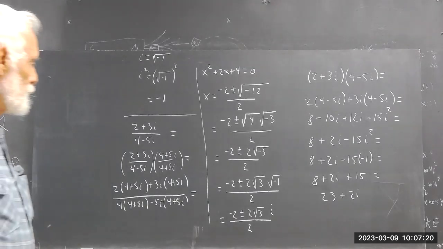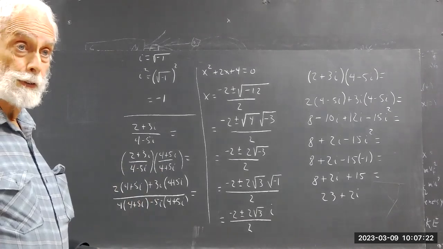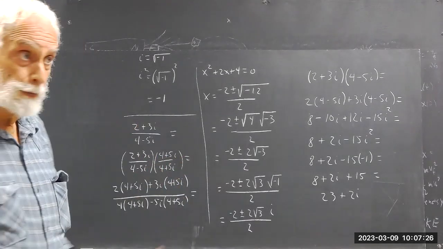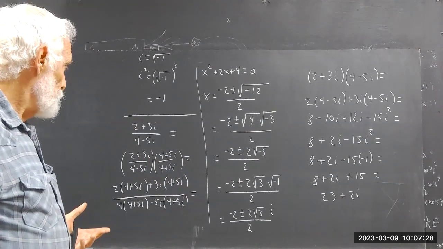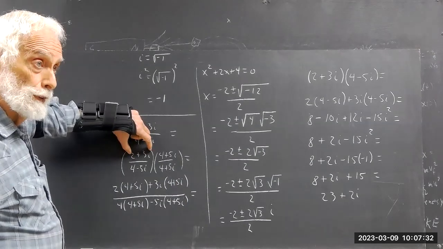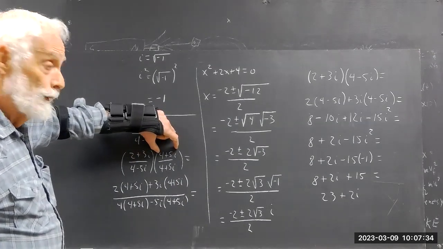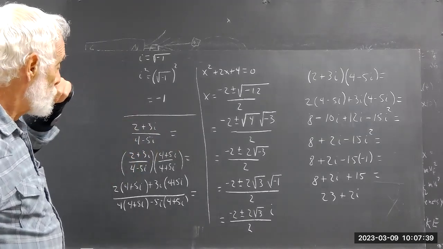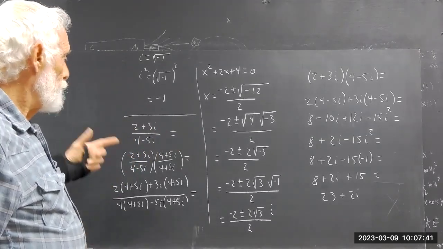What we have to see when we see this expression is first, how do you multiply fractions? You multiply the numerators, you multiply the denominators. Then, how do we multiply this numerator, which is a complex number, times this numerator, which is a complex number? Well, it's a clear application of the distributive law.